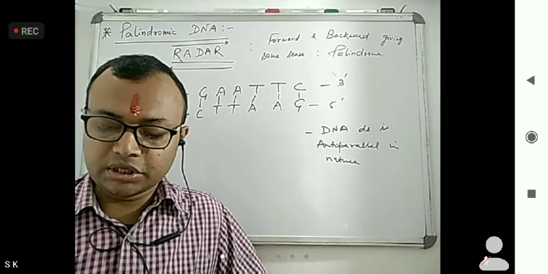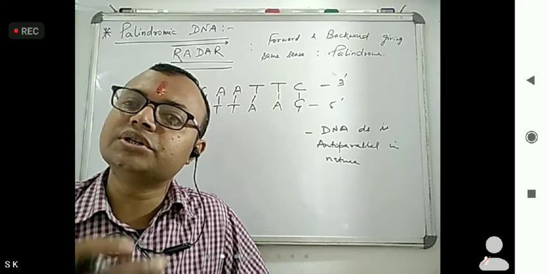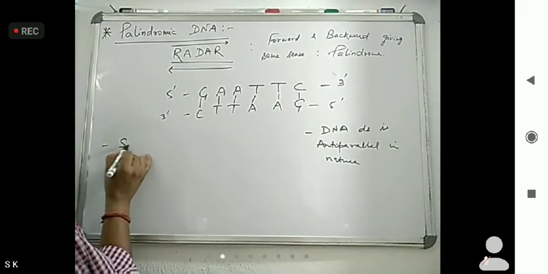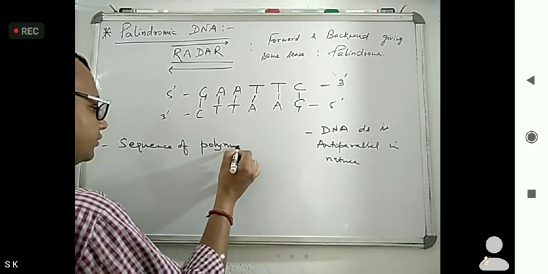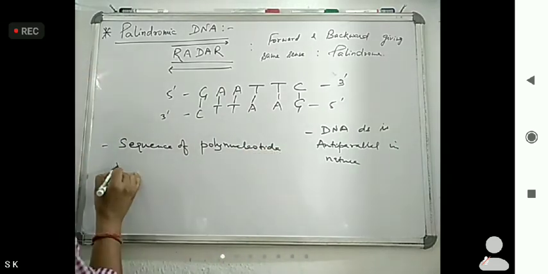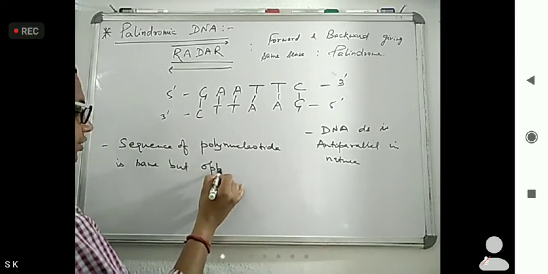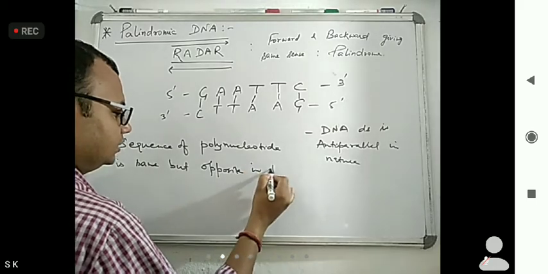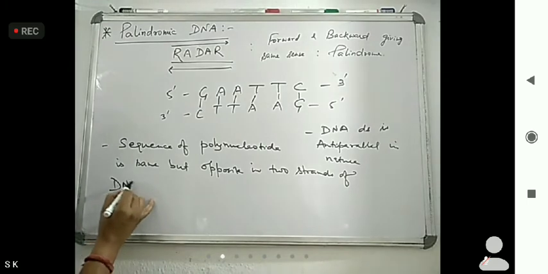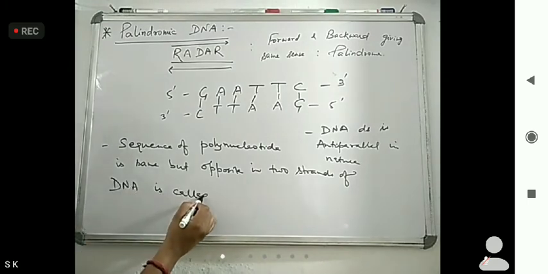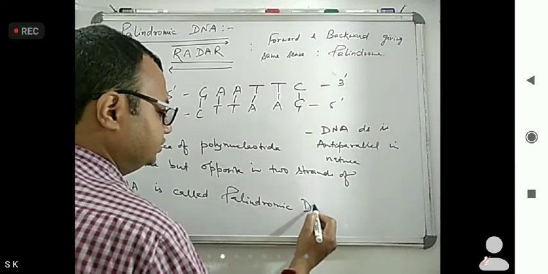So what I told, the sequence of the polynucleotide is the same but opposite in the two strands of DNA, and this is called palindromic DNA.